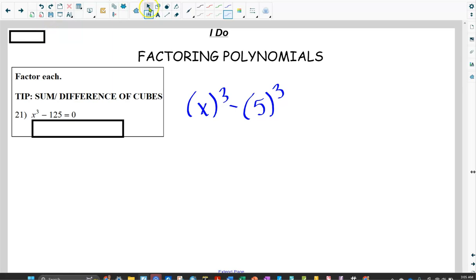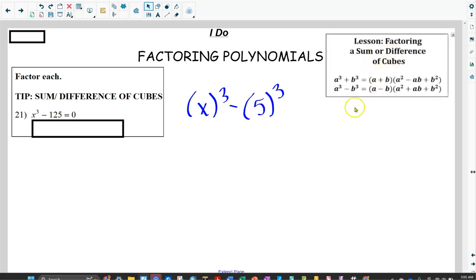Okay, so what that's going to do, it's going to say, hey, you know what? We have a sum or difference of cubes. What does that mean? In my case, I have 2 cubes that are being subtracted, so that's a difference. If we were adding them, it would be the sum in this scenario. Okay. The cool thing, all you guys care about is there's a formula to follow.